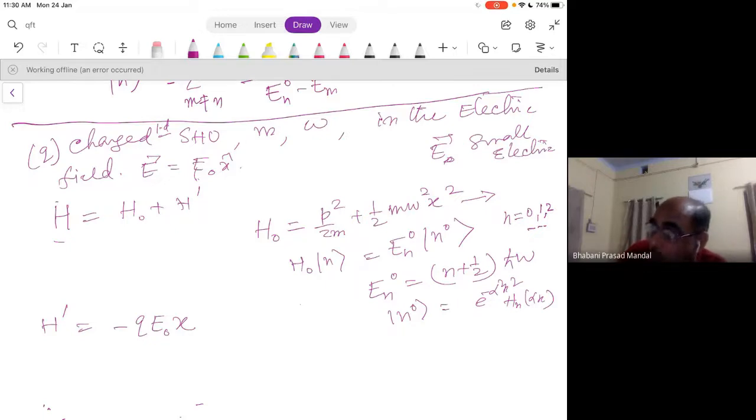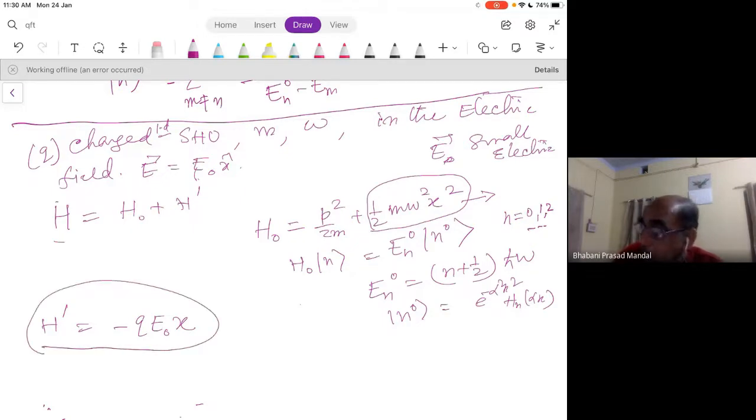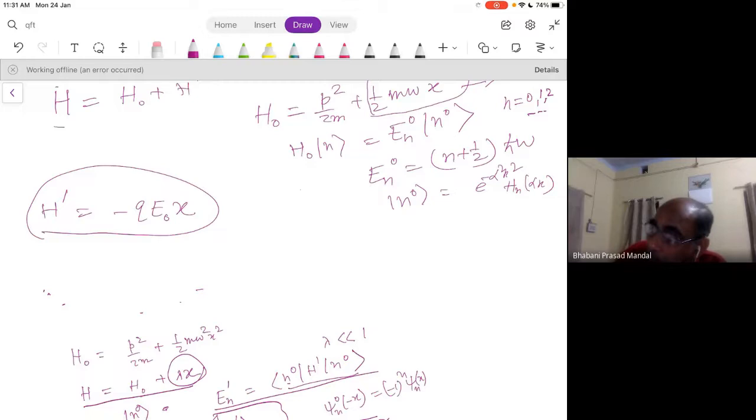So this will be your H prime. Where is the potential energy? Somebody said potential, but there is no other potential. This is one dimensional. Potential energy is this, the potential energy of the harmonic oscillator, and this is coming from the electric field interaction. So my H prime is minus q E0 x.